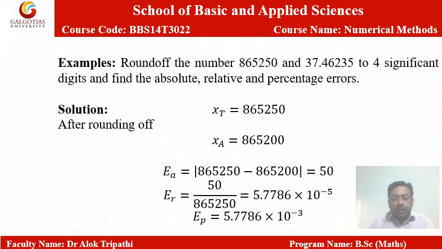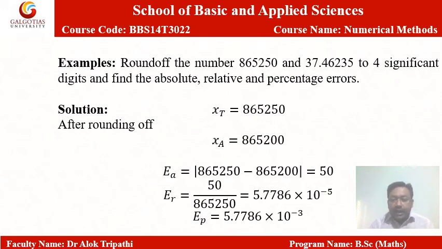Now see the example in which we shall calculate absolute, relative and percentage error. The example is: round off the numbers 865250 and 37.462352 to 4 significant digits. First of all, what is the true value for the first number?